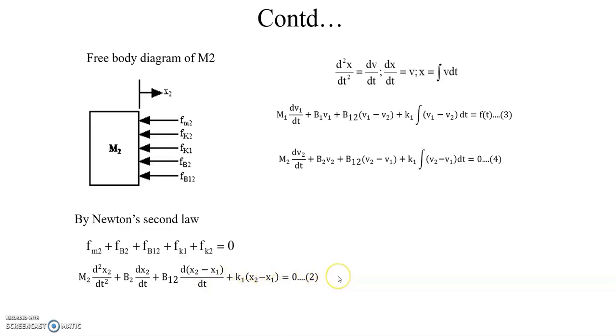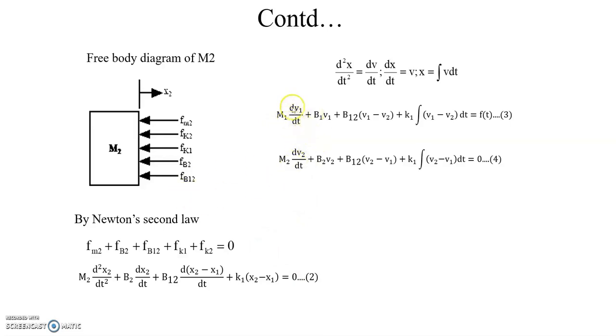In these equations, you can substitute d square x by dt square equal to dv by dt, dx by dt equal to v, and x as the integral of v dt, replacing displacement in terms of velocity in differential equations 1 and 2 of the mechanical translational system.